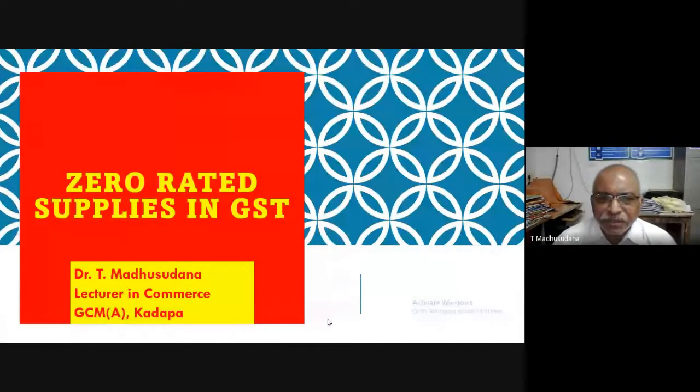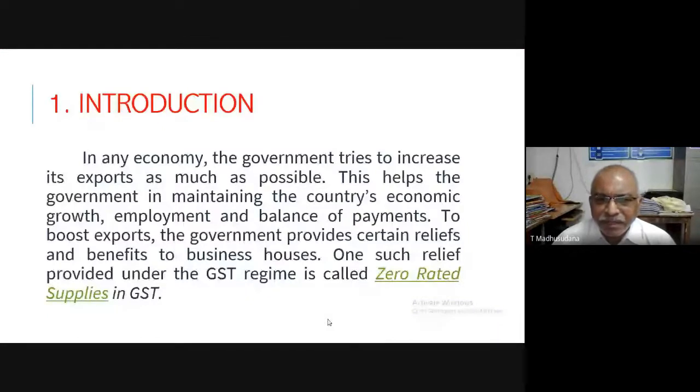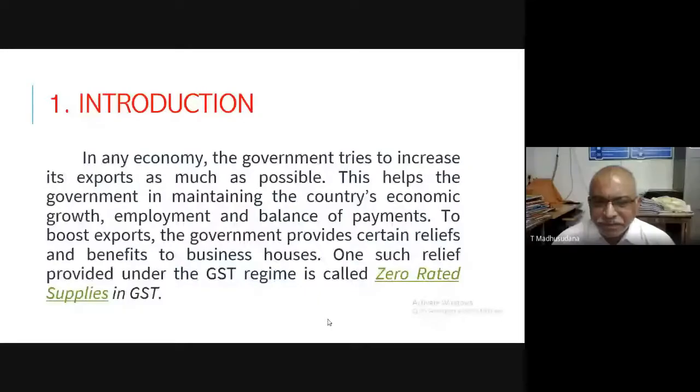Introduction. In any economy, the government tries to increase exports as much as possible. This helps the government in maintaining the country's economic growth, employment, and balance of payments.